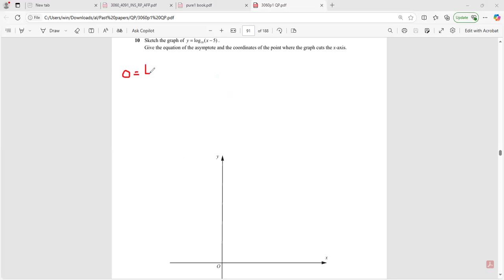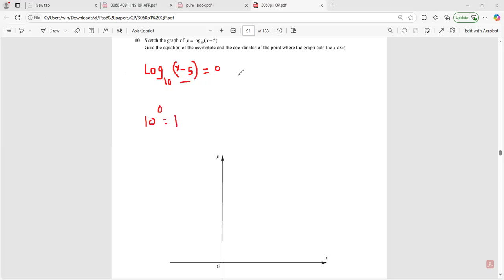So here, instead of y, I put 0. So log 10 of x minus 5, let's make this equal 0. x minus 5 is equal to 0, so 10 to the power of 0 is equal to 1.